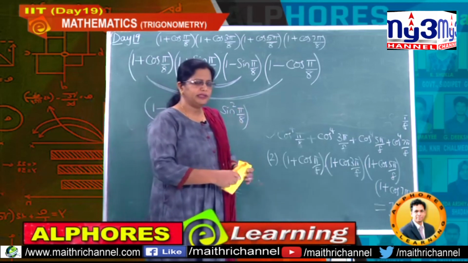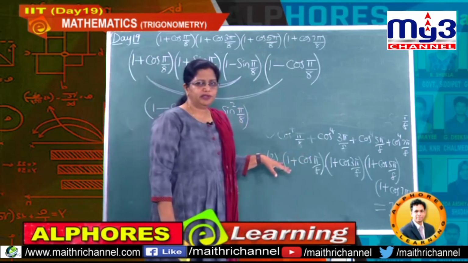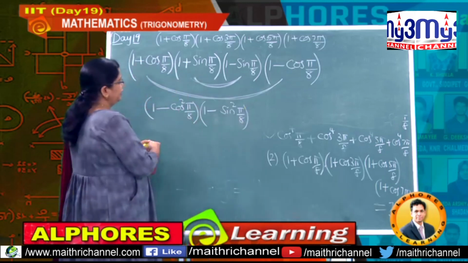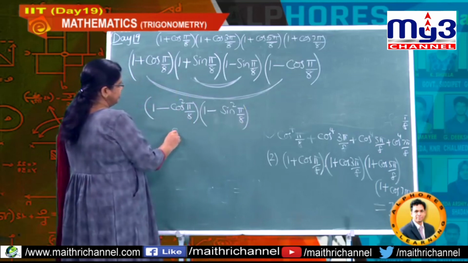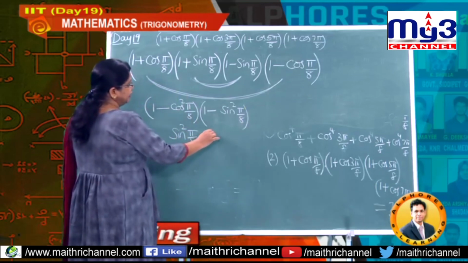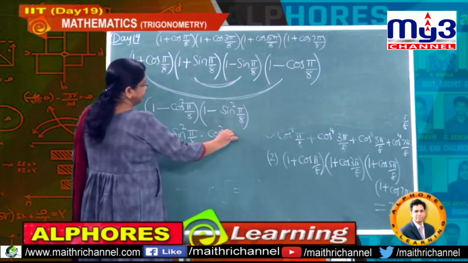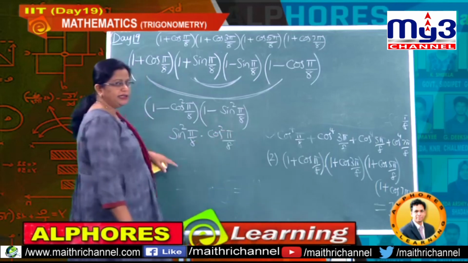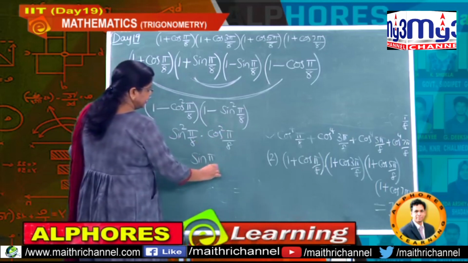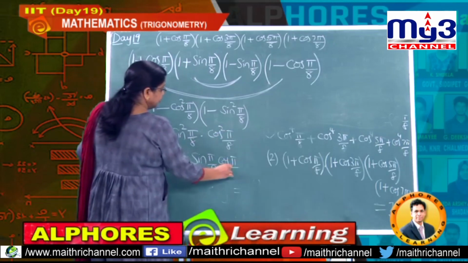Only observation is the 4 angles we have to reduce in one and only one. After that the problem is very simple. Now, what is this value? Just it is sin square pi by 8, identity formula, and this one is cos square pi by 8. Understand? That means it is nothing but sin pi by 8 and into cos pi by 8 whole square.